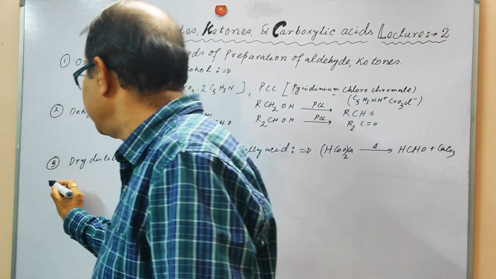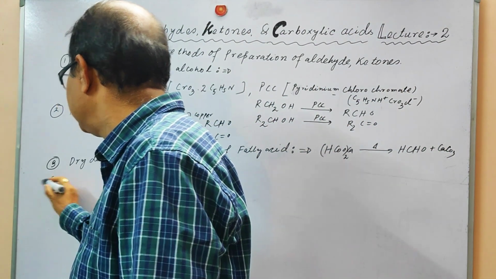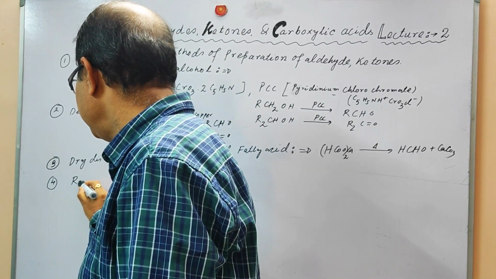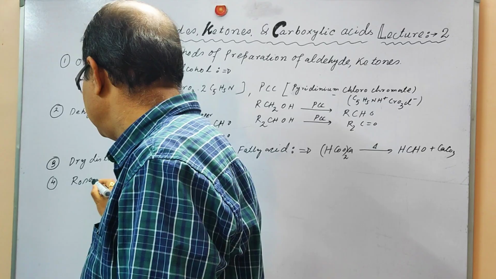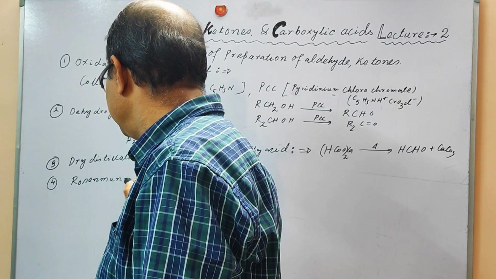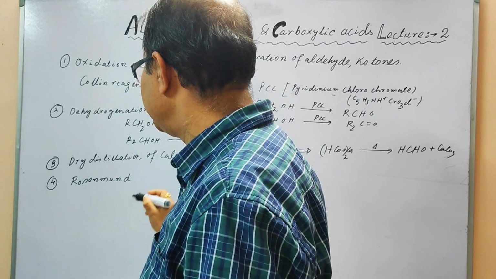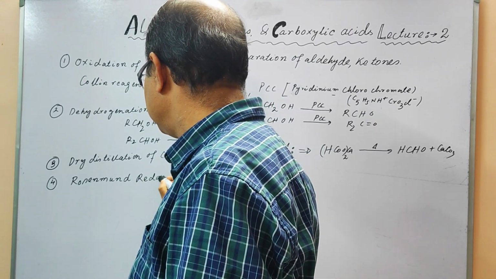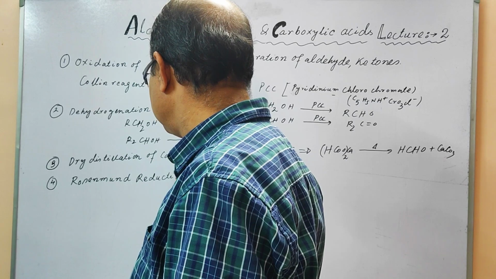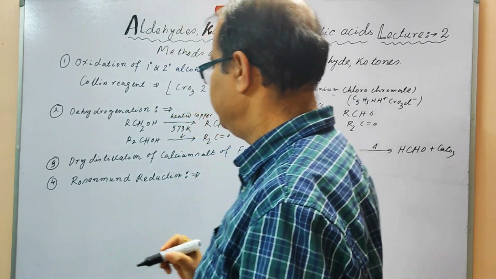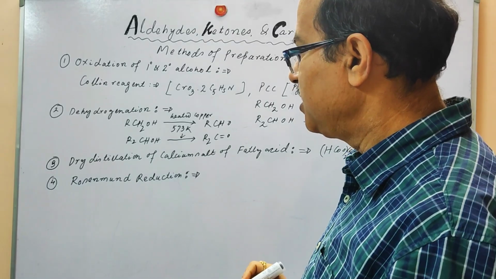The fourth method that we are going to use is the Rosenmund reduction. This is a name reaction, Rosenmund reduction.